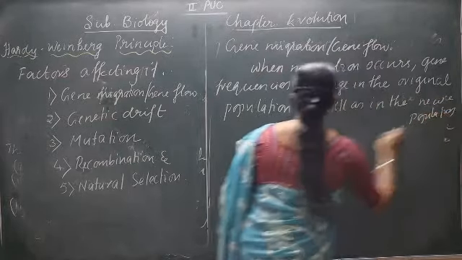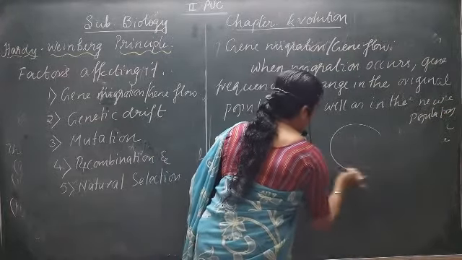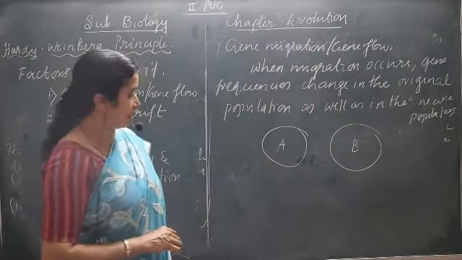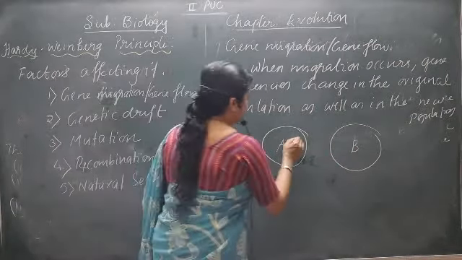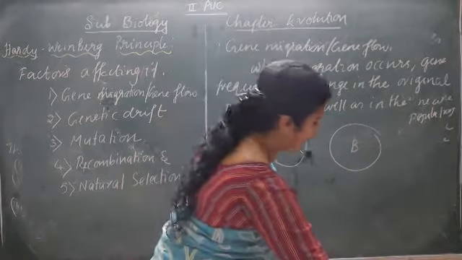Consider this is population A, a group of individuals, where some species are inhabiting. Suppose some species from here move out of this place to the other place.